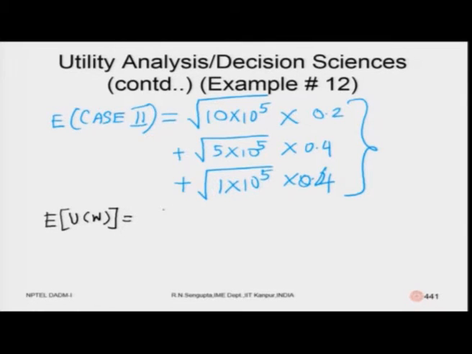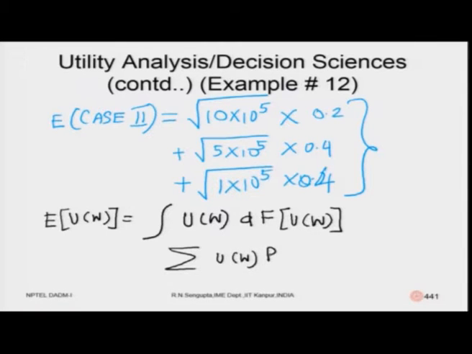So, remember it will be an integration of UW, this is the random variable, multiplied by the distribution function of UW, or in the other case if it is a summation, it will be UW multiplied by the probability of this. So, this would give me the expected value.